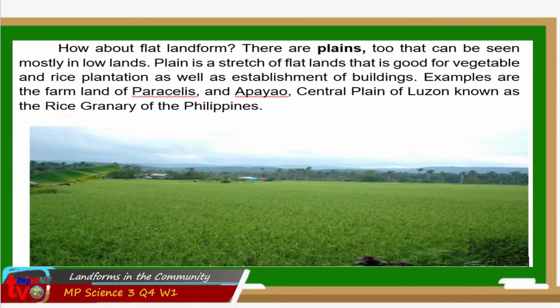How about flat landforms? There are plains too that can be seen mostly in lowlands. Plain is a stretch of flat land that is good for vegetable and rice plantation as well as establishment of buildings. Examples are the farmland of Paracelis and Apayao, and the central plain of Luzon, known as the rice granary of the Philippines.